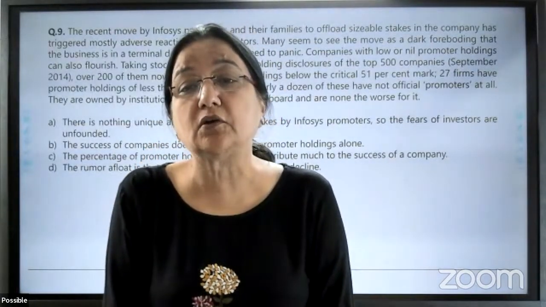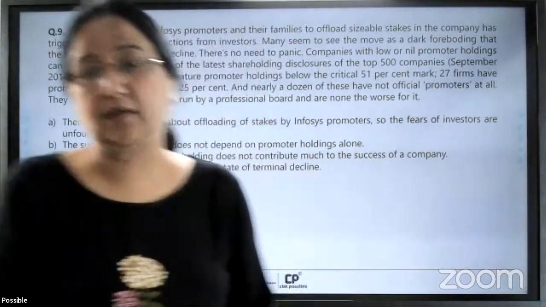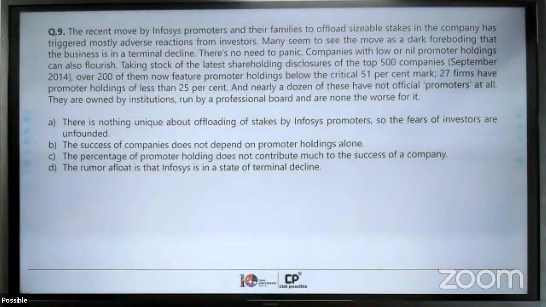Now we'll be focusing on what is our accuracy. Let's go quickly. For your 9th question, he clearly talks about the recent move by Infosys promoters and their families to offload sizable stakes in the company.